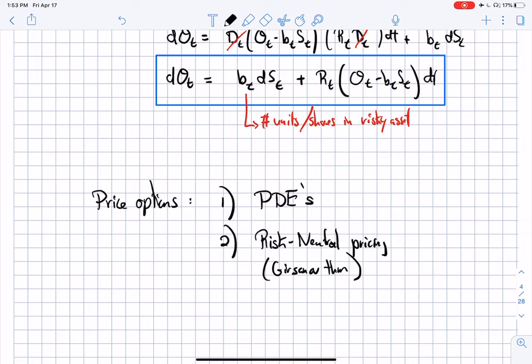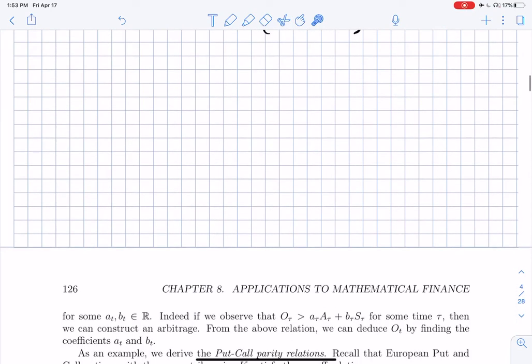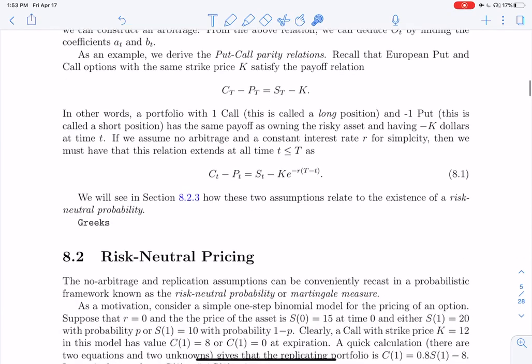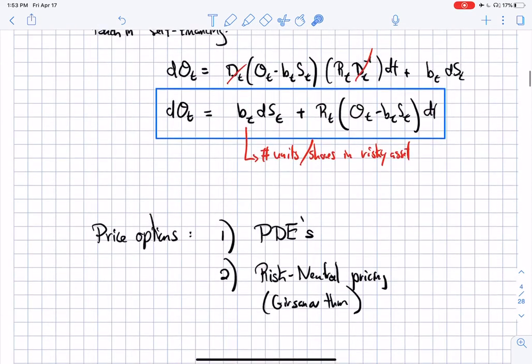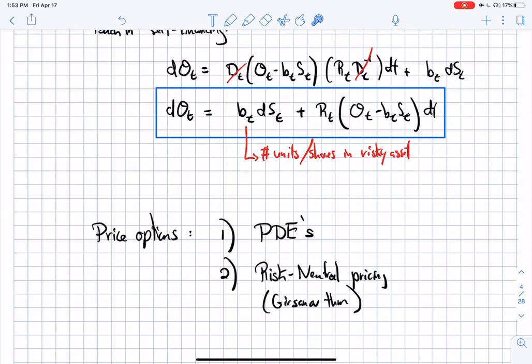These two approaches are equivalent for most options, but for exotic options it is sometimes hard to find a PDE, so the second is much more general if you have a strange model in your market model. All right, that concludes the introduction to Chapter 8, and thank you for listening.